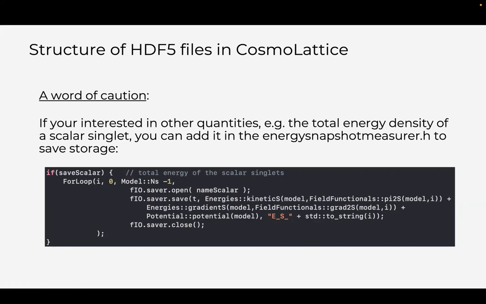But if you're just interested in the total energy of this, let's say, single real scalar field, then you may just directly output the total energy, right? And add the different kinetic, gradient and potential energy directly in the CosmoLattice file, such that only one file is output and not three files, right? So there you can save a bit of storage.